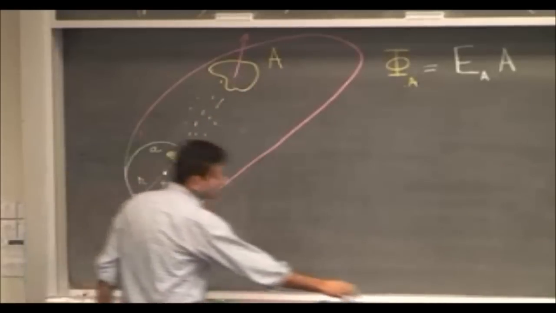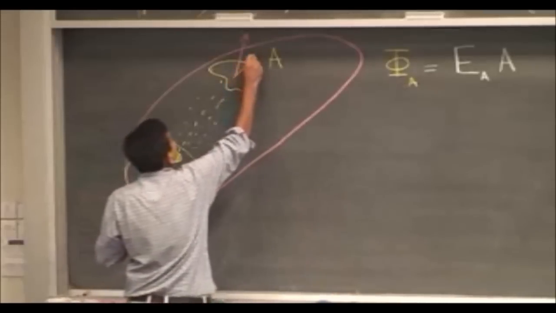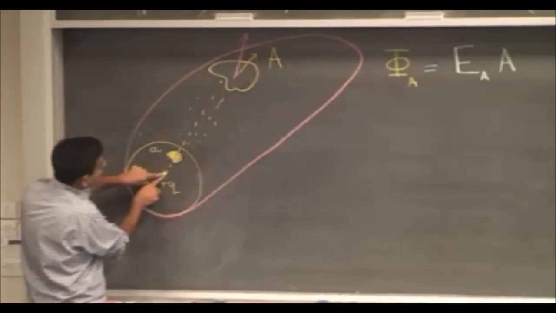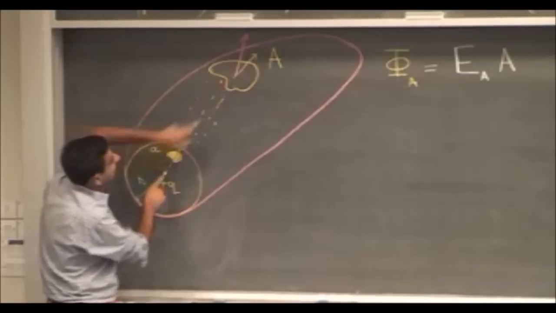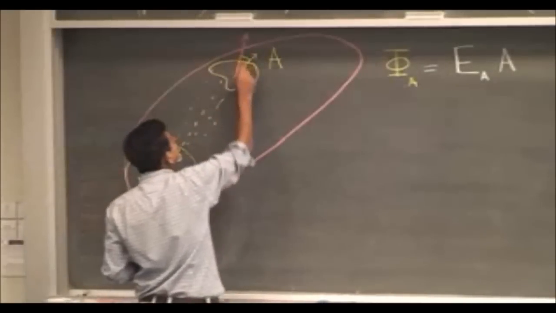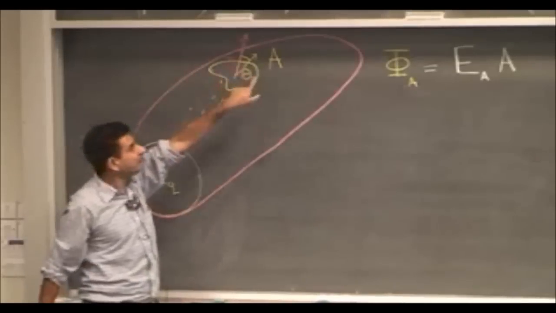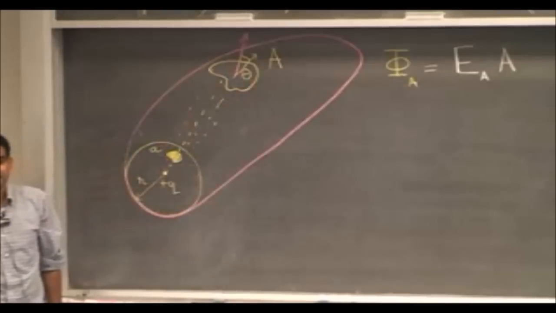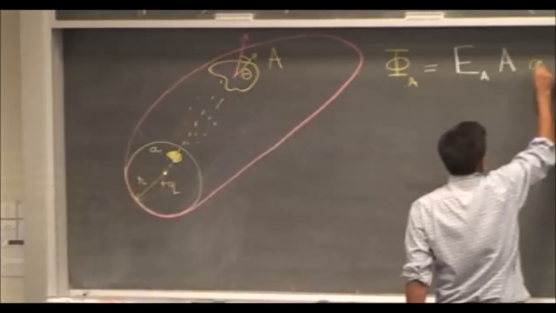But the electric field at this point is still pointing along the radius. If I connect this point to this point, I draw a radius, and the electric field is still pointing radially outwards. So now there is some angle between this big area vector and the electric field at this point. Correct? So I have a cosine theta factor here.